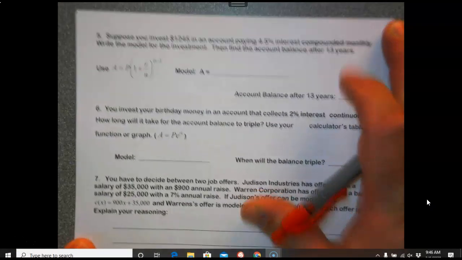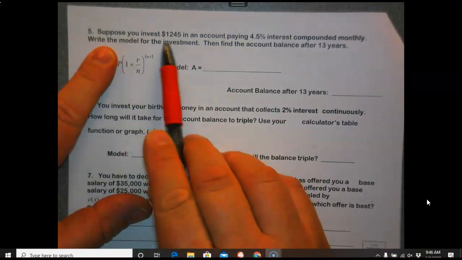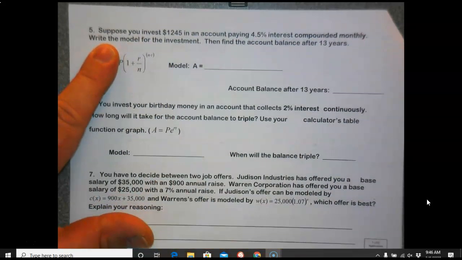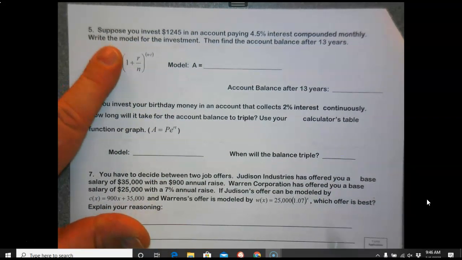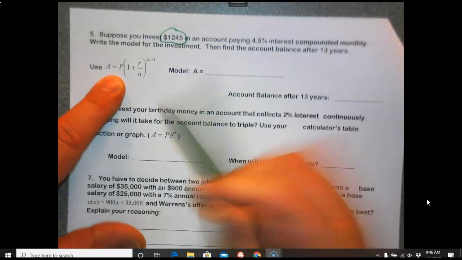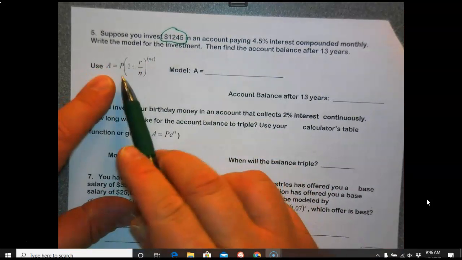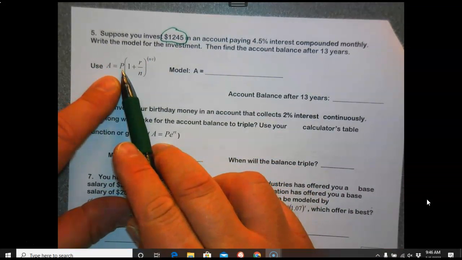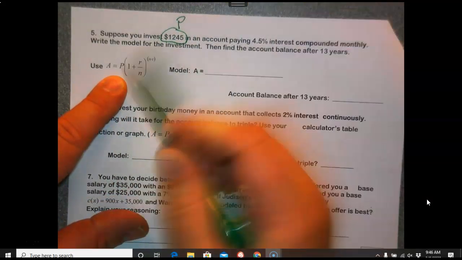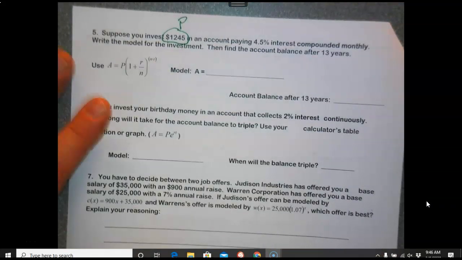Okay, number 5. This time it says, suppose you invest 1245. Again, that's our initial amount, right? And in this case, they did switch up the variables in our formula. The initial amount, which is the number before the parentheses, that's our capital P. And they actually put the capital A for Y. Why they do that, I don't know.